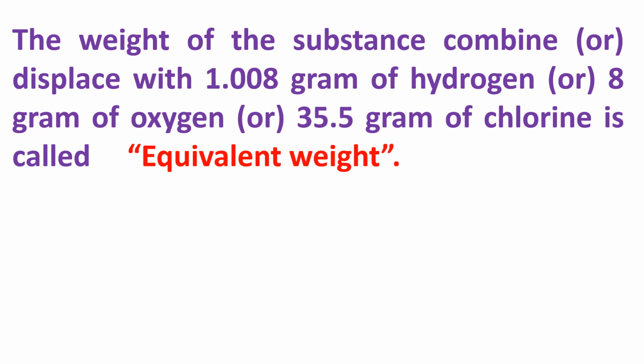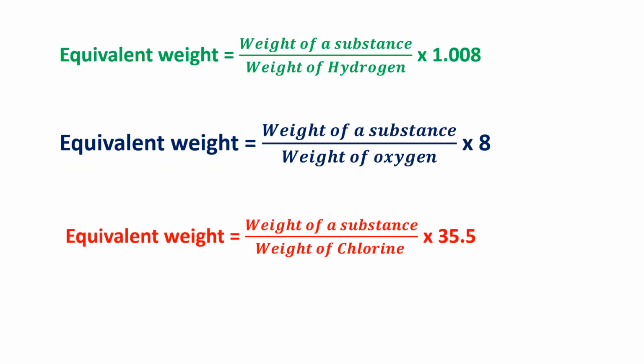So here it is nothing but the given weight. For example, equivalent weight is the weight of the given substance divided by the weight of hydrogen into 1.008.